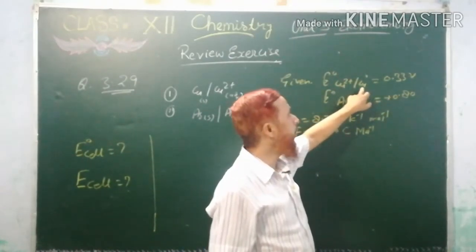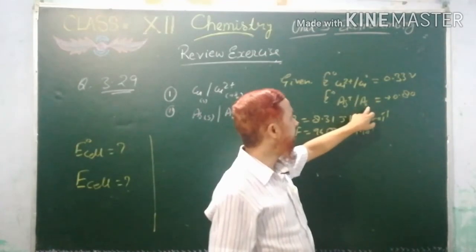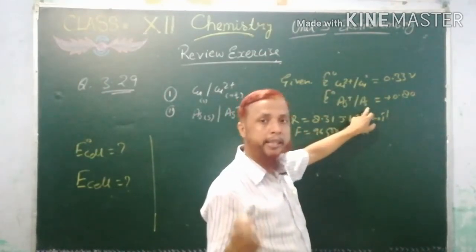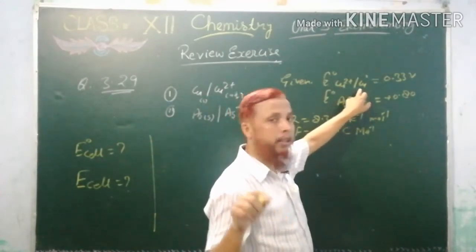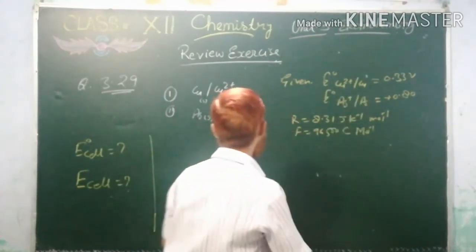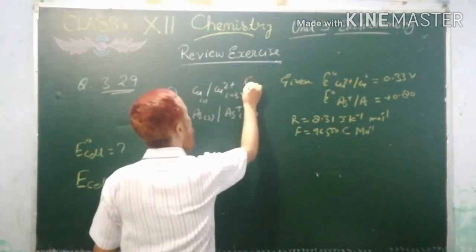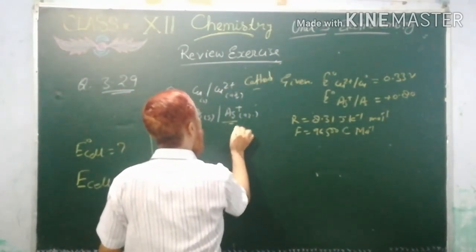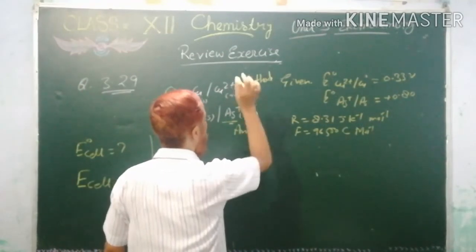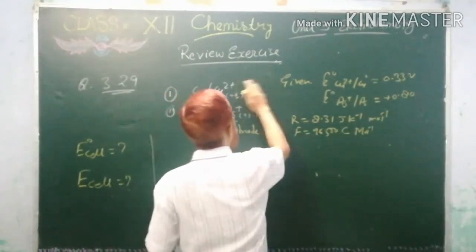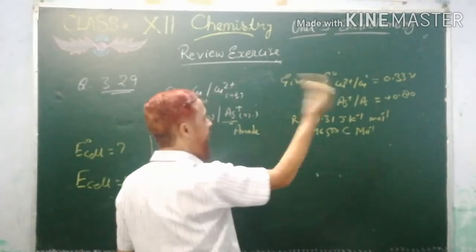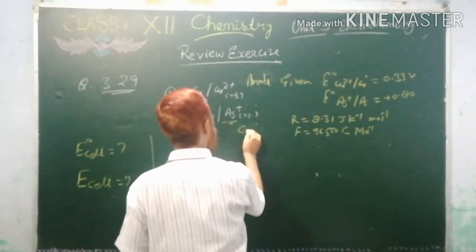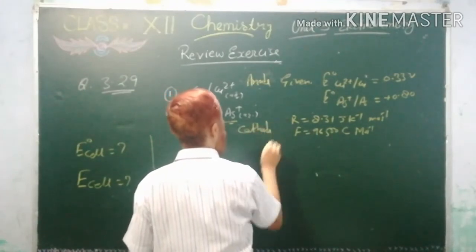Copper is more electropositive than silver, meaning copper has the tendency to lose electrons and silver has the tendency to gain electrons. Loss of electron happens at the anode, so copper will be the anode, and this one we will consider as the cathode.